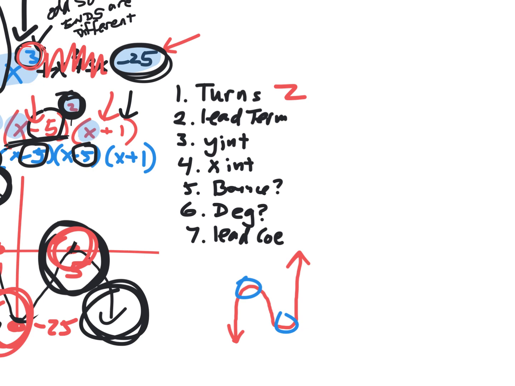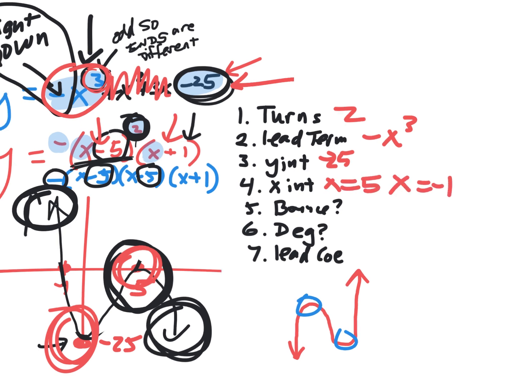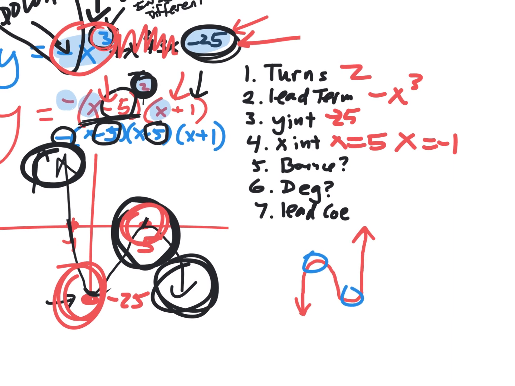The lead term, that's this thing, negative x to the 3rd. The y-intercept, we figured it out a while ago, it was negative 25. The x-intercept, well, there's actually 2 of them. x equals 5, and x equals negative 1. The bounce, oh, that was at 5.